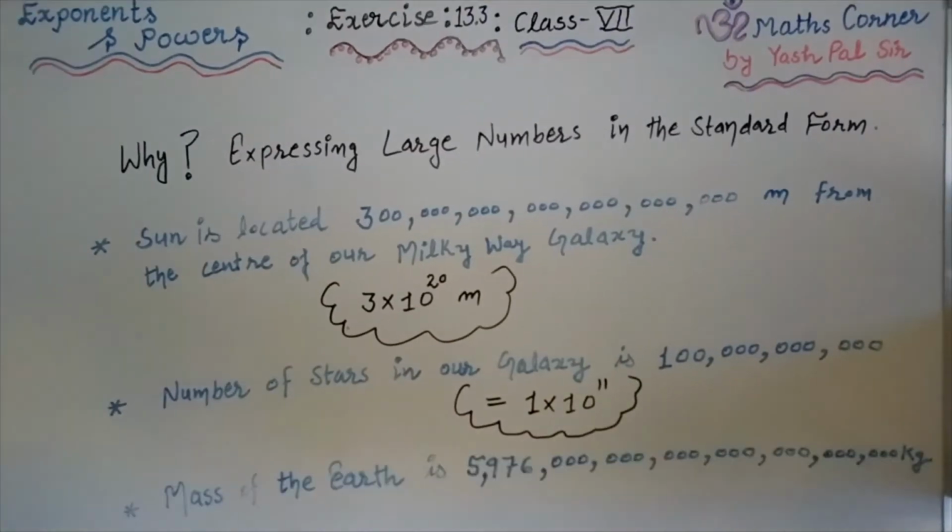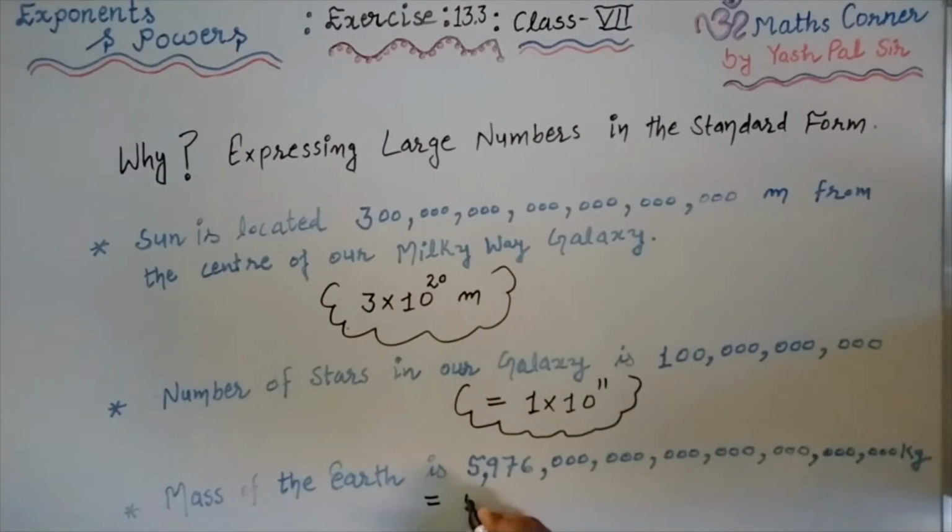One more example we have, the mass of the earth is 5976000000 kilogram. This is very difficult to read. Instead of reading this large number, we can use the standard form. How?